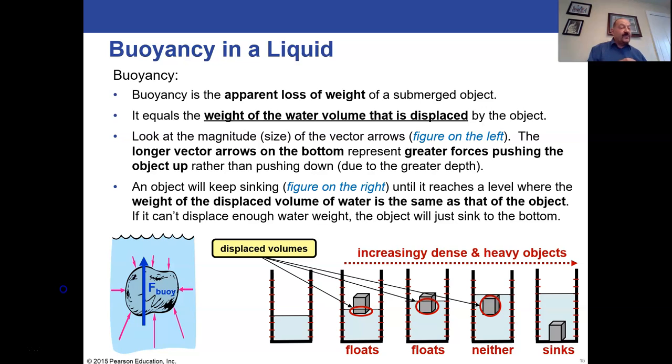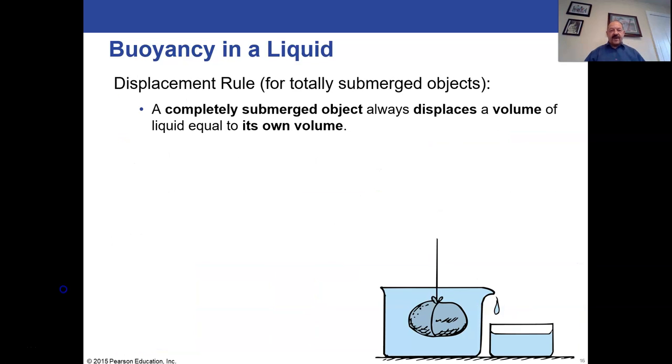And if it's denser than water, it'll just sink. It will never be able to displace enough water because it doesn't have enough volume to displace enough weight of water to match its heavy weight. I know it's a little confusing. Think about it.